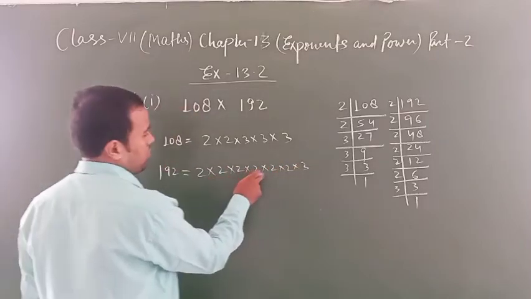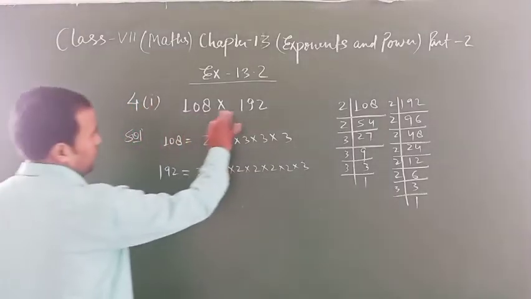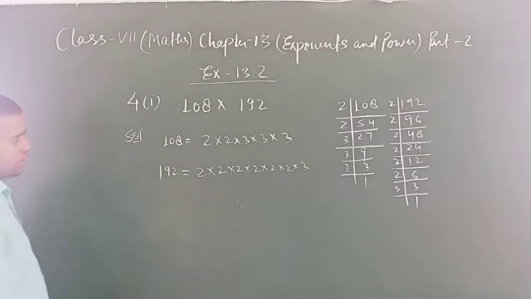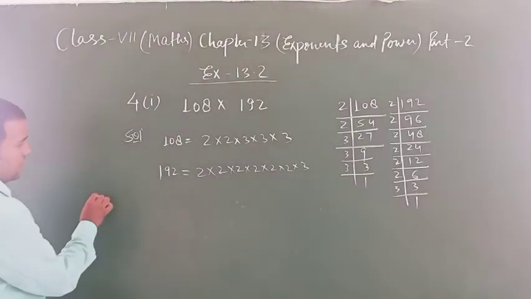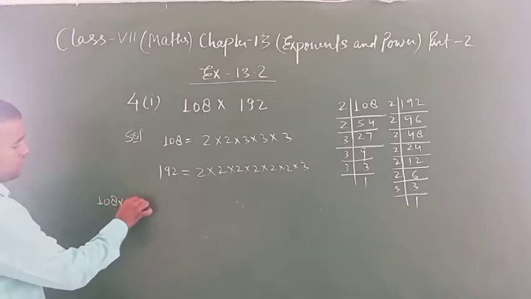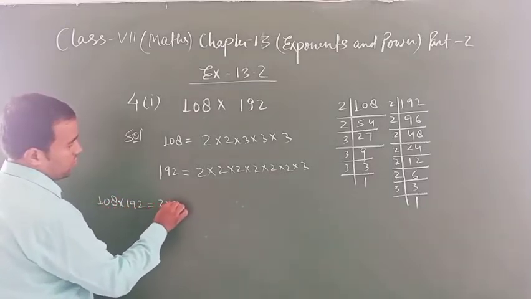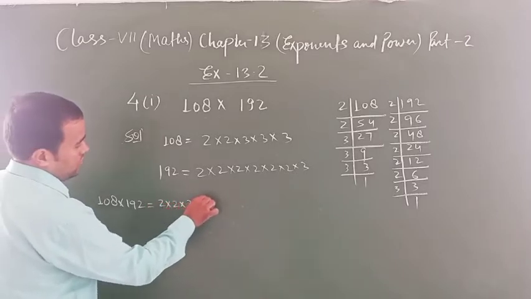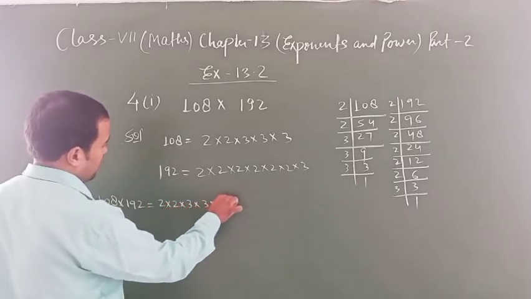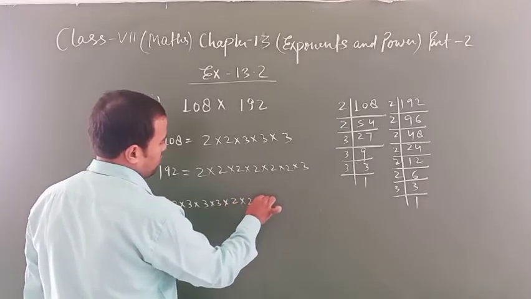See, given in multiple form, after that we can write here 108 multiple 192. In place of 108 we can write 2 into 2, 3 into 3 into 3, and 192 into 2.